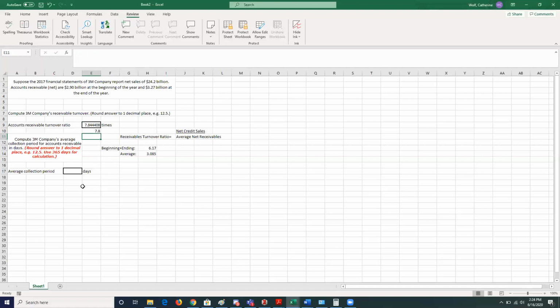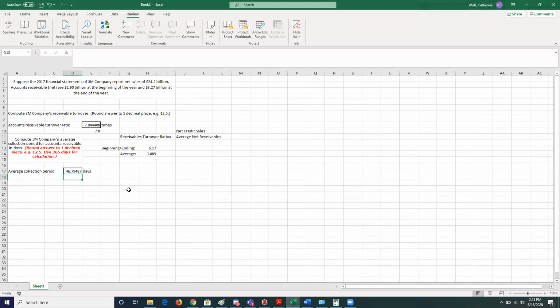Now there's a second part in this problem. We need to turn this into the average collection period in days. So this is really, really simple. All you have to do is think about how many days there are in a year. There are 365. So in order to figure out the average collection period in terms of days, we're just going to do 365 divided by this number that we got up here, the turnover ratio of 7.8.